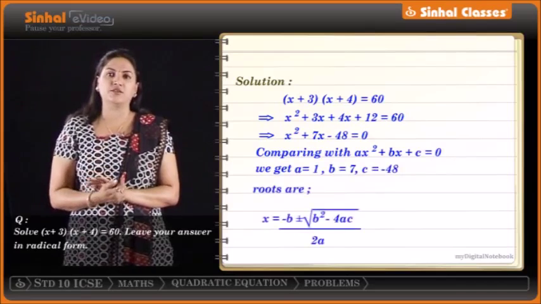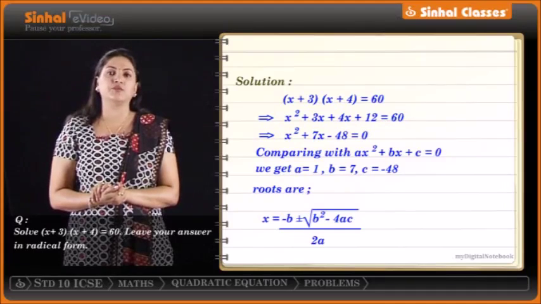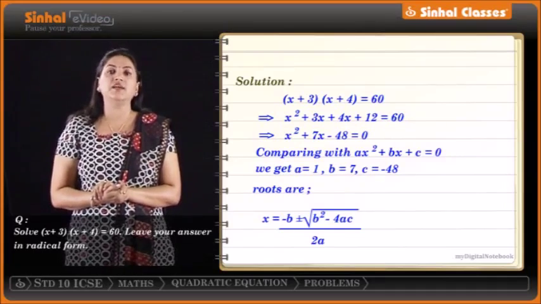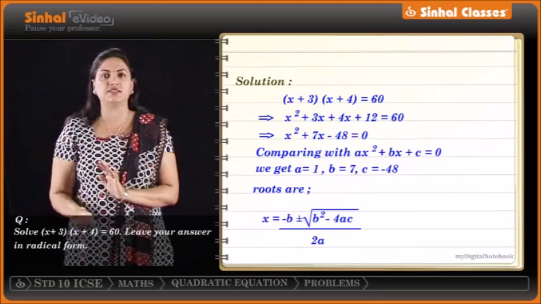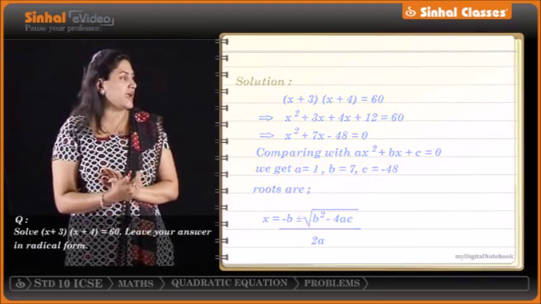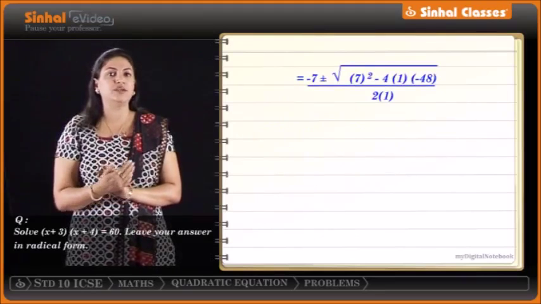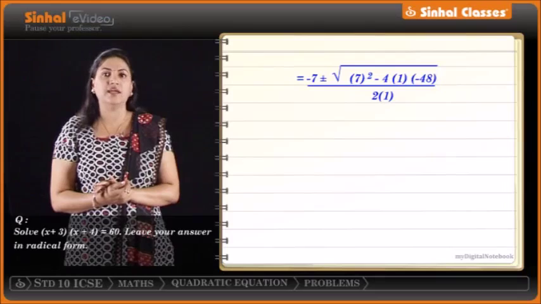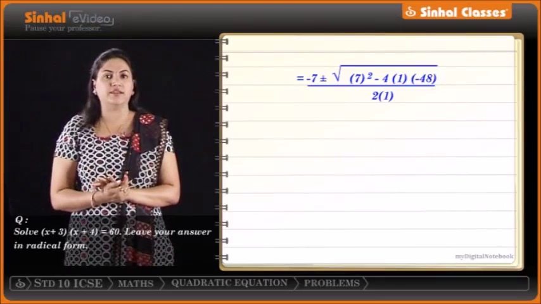The formula for the roots is x is equal to minus b plus or minus root b square minus 4ac upon 2a. We substitute these values of a, b and c in this formula to get minus 7 plus or minus under root 7 square minus 4 into 1 into minus 48 upon 2 into 1.